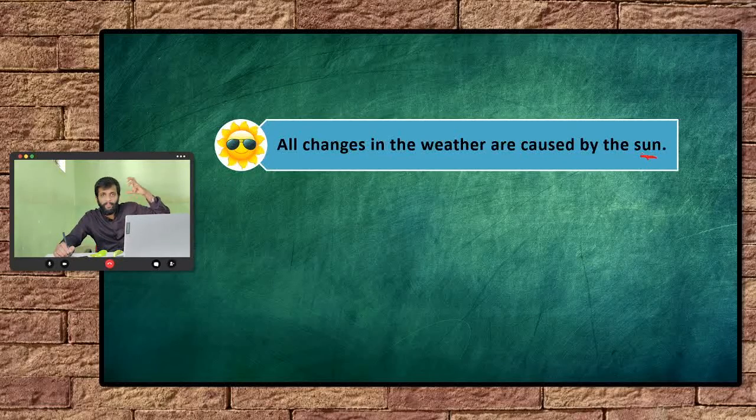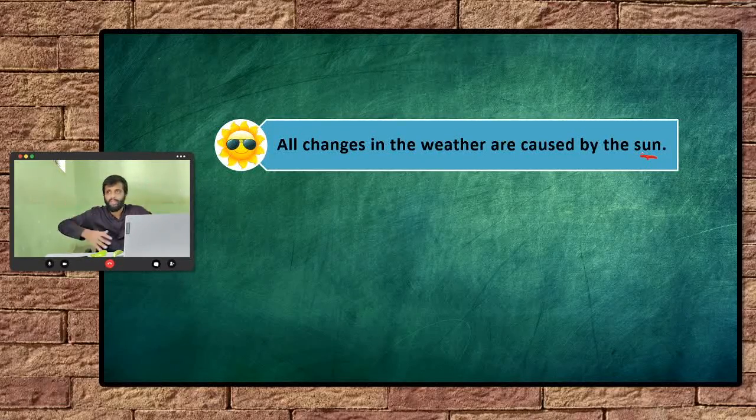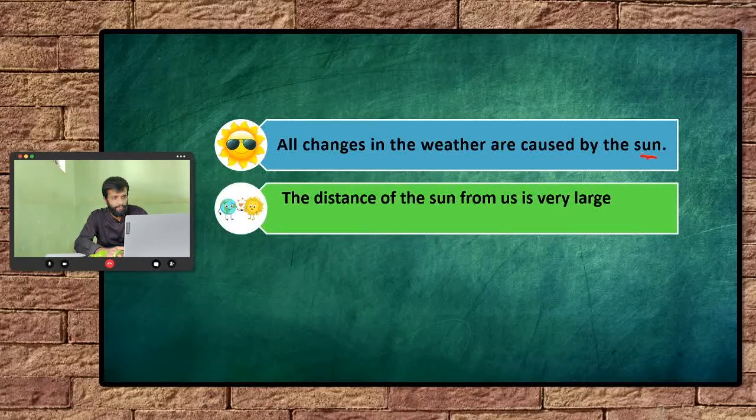The sun is the main primary source which drives this entire weather on the earth and even on the other planets, but we don't calculate for the other planets, right? So ignore them. On earth, remember that the sun plays a very important role.